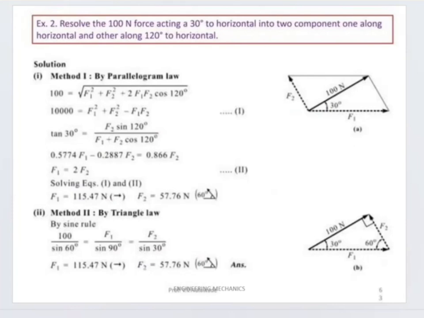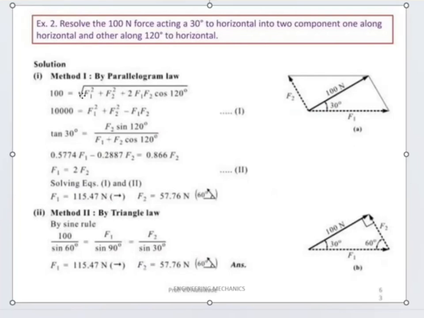Using the first, the resultant is given. So putting this in, R is equal to the square root of F1 square plus F2 square plus 2 F1 F2 cos theta equation.